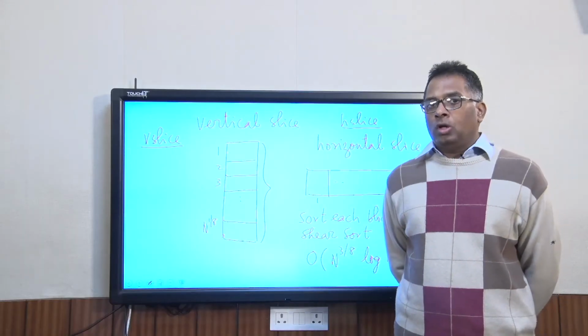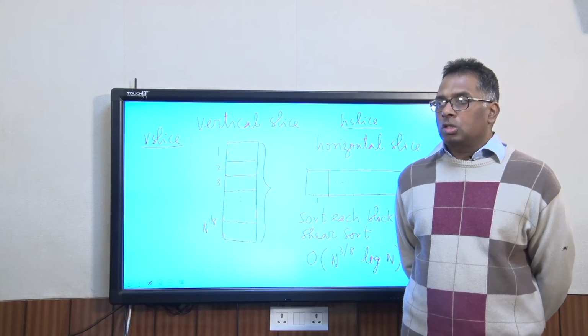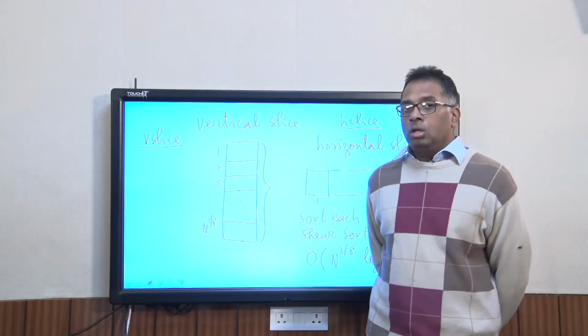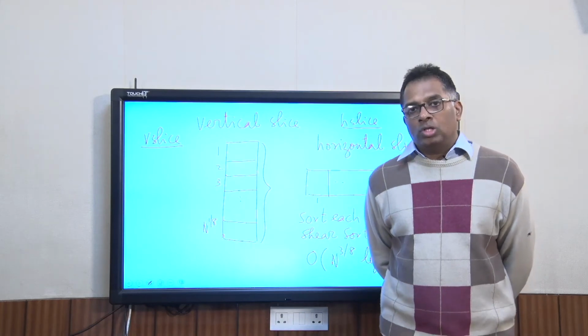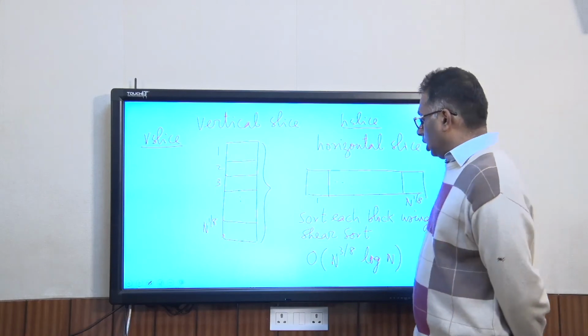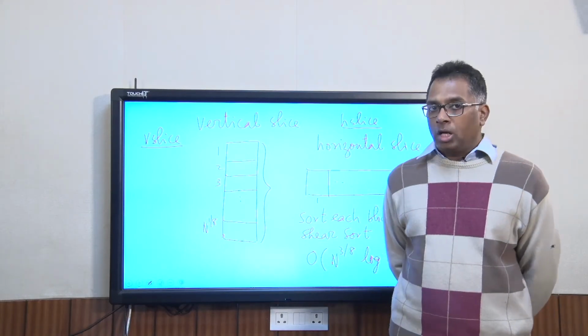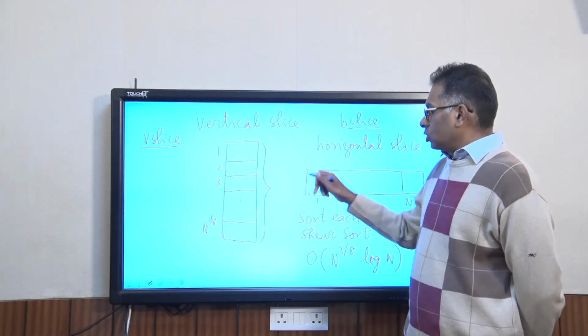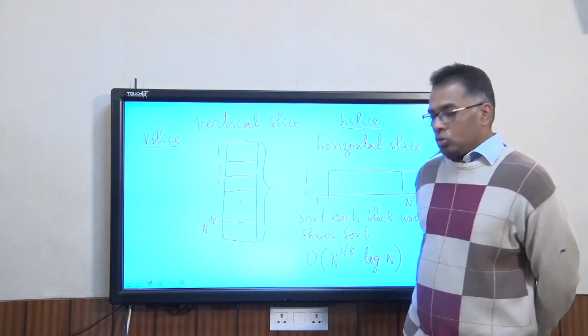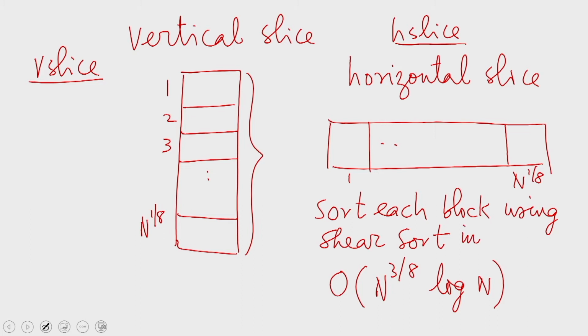In the last class we saw an algorithm called shear sort which sorts n elements distributed over a root n by root n mesh in root n times log n plus 1 steps. But here, instead of a root n by root n mesh, we are considering an n power 3 by 8 by n power 3 by 8 mesh, which is one square block. So, all the square blocks are sorted in parallel.